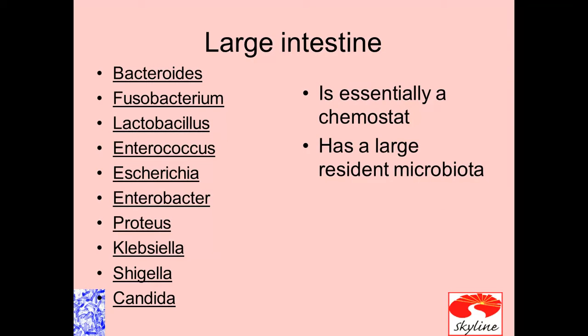In the large intestines, we expect a large resident microbiota population. The majority of the microbes in the large intestines are actually enteric bacteria, members of the family Enterobacteriaceae, which is a very big family of about 55 genera and above.